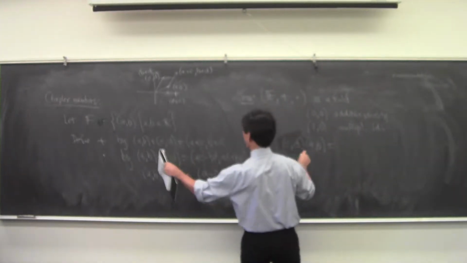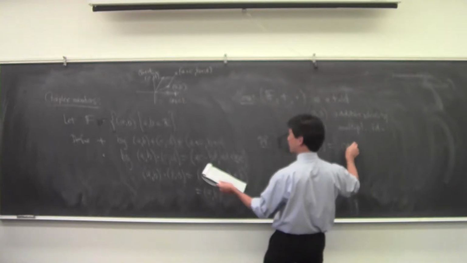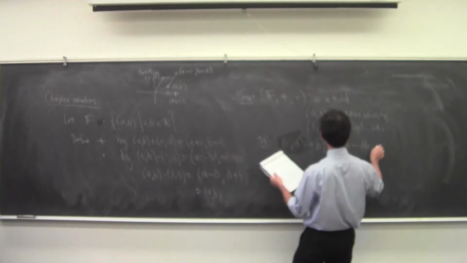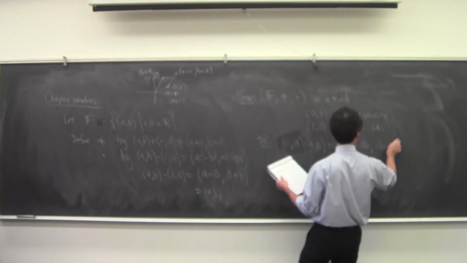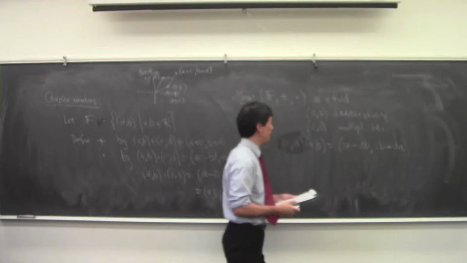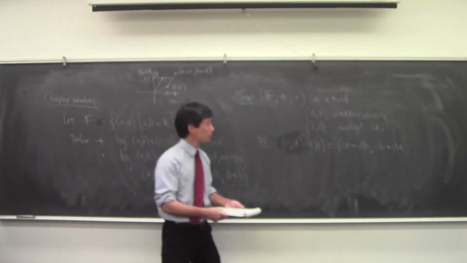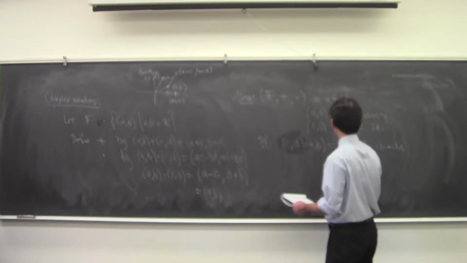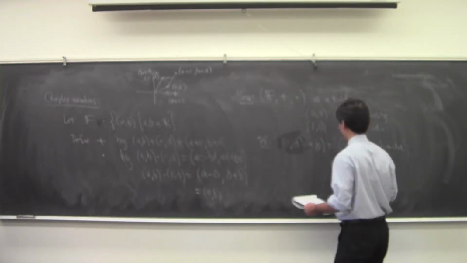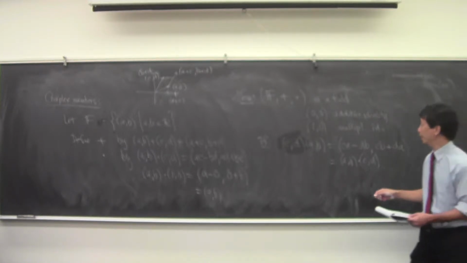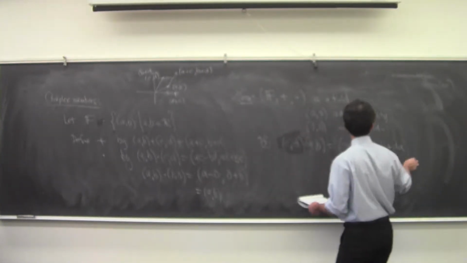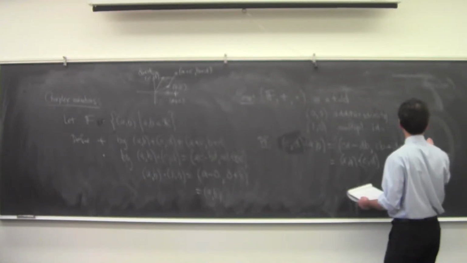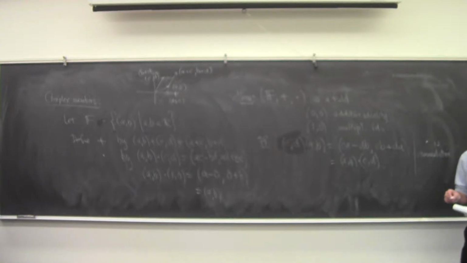Well, you get CA minus DB, and then CB plus DA. And you notice that that's the same thing as AB times CD. And so multiplication is commutative.